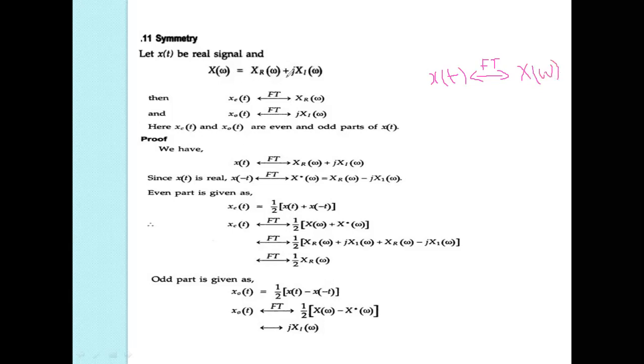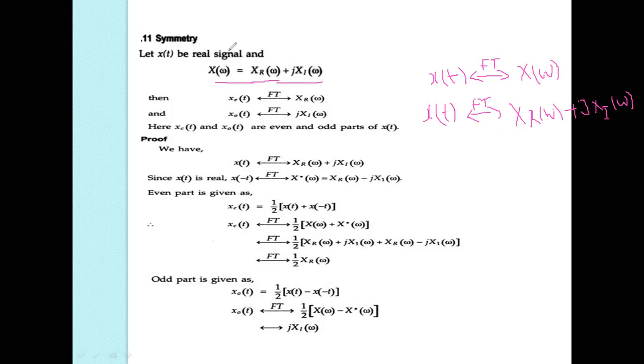What is x of omega given here? X of omega is equal to xr of omega plus j into xi of omega. So x of t is the Fourier transform of xr of omega plus j into xi of omega. This is given here.